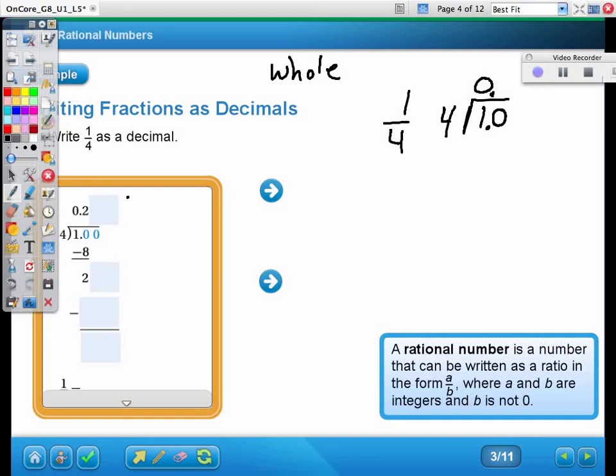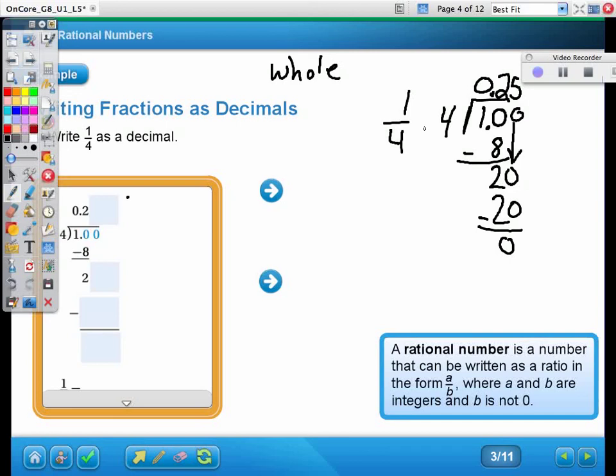Now 4 goes into 10 2 times. We multiply back now. 2 times 4 is 8. I've got 2 left over. I can bring down another 0. Now I ask, how many times does 4 go into 20? 5 times. 5 times 4 is 20. Remainder is 0. I want to see this problem on your note page as an example problem.